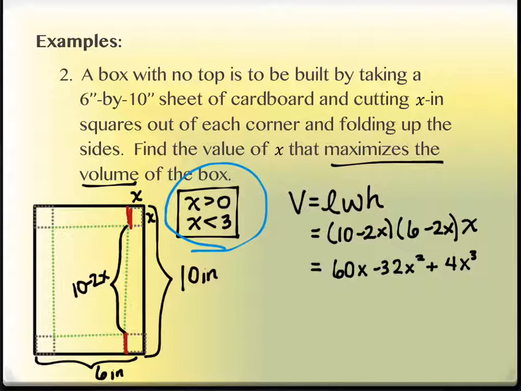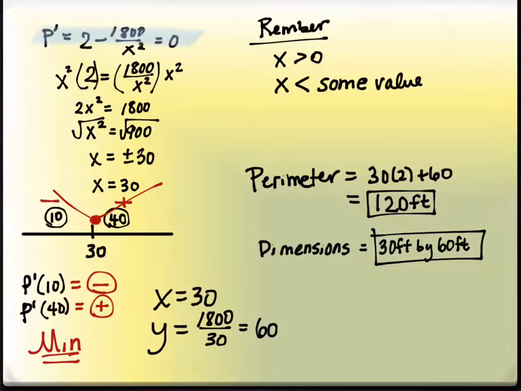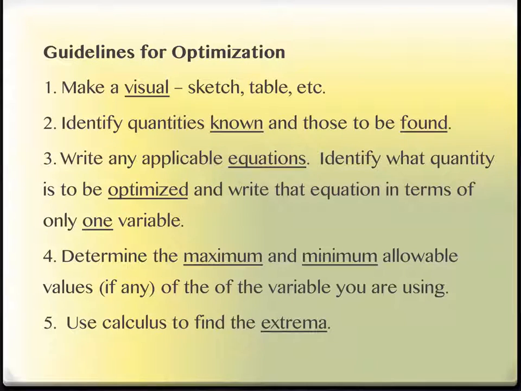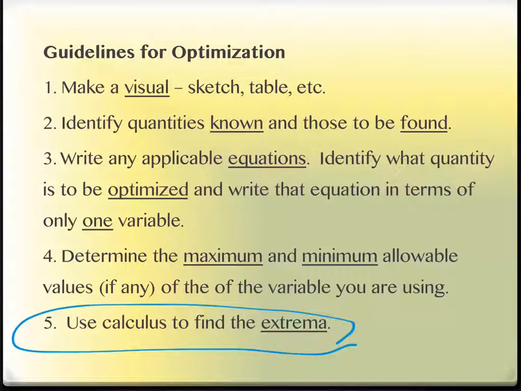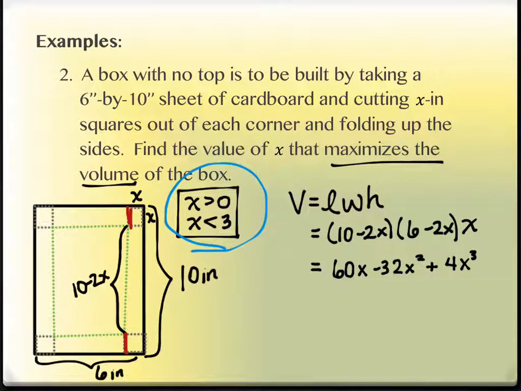Okay. All right, once we have an equation that we're trying to optimize, because we are trying to optimize the volume on this box, what is it that we're supposed to do in our, if you will, our list of guidelines? Equation equals 0. Right, we're actually supposed to use calculus to find the extrema. And that means taking derivatives, setting them equal to 0, and solving.